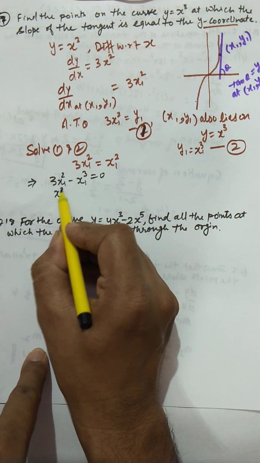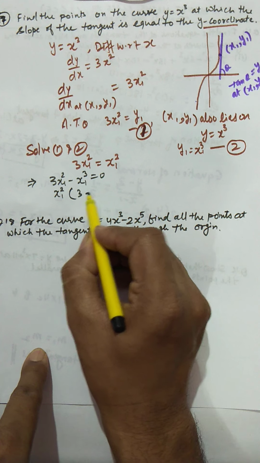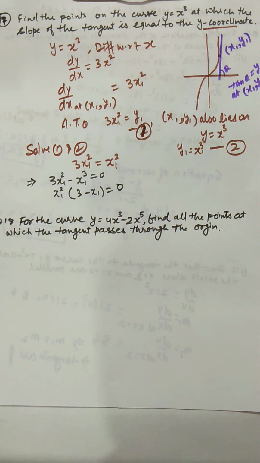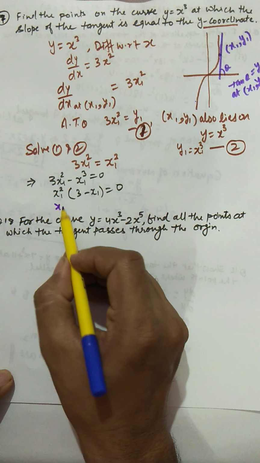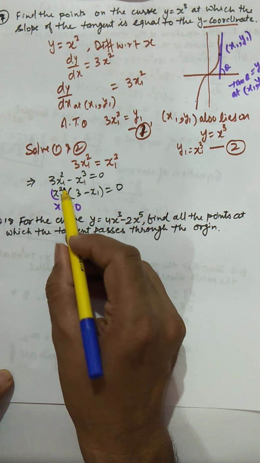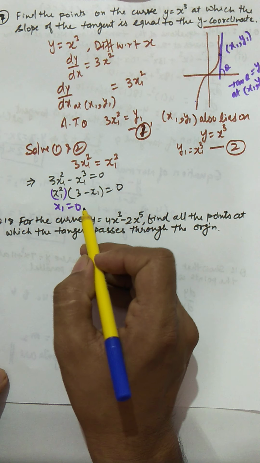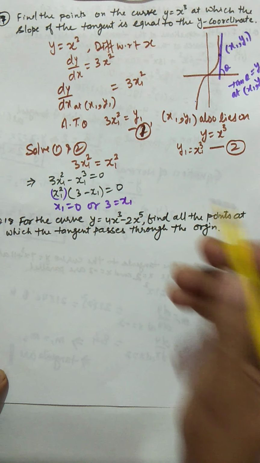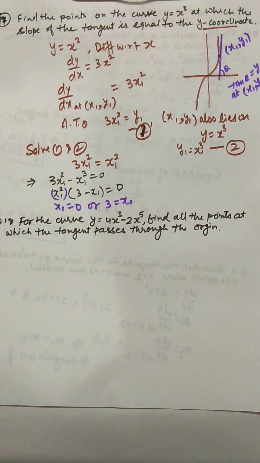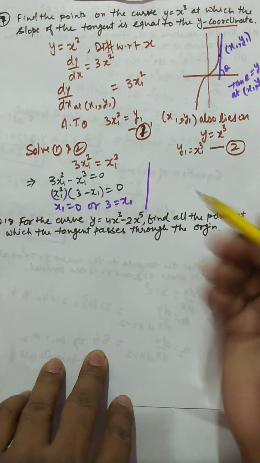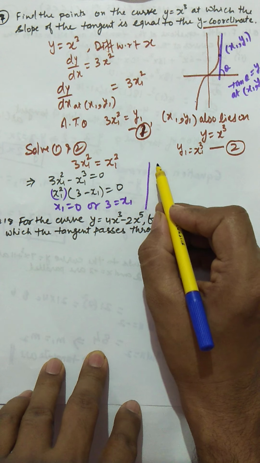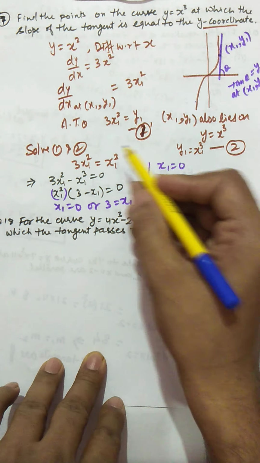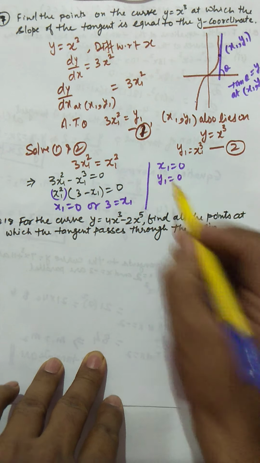You can see that x1 square is common. So from here, x1 square equal to 0 and from the other factor, 3 minus x1 equal to 0. So you are now getting two answers. The first answer is x1 equal to 0, because if x1 square is 0, then x1 will be 0, and the other is x1 equal to 3. Now if I take x1 equal to 0, you can put it in either equation, and y1 will also be 0.